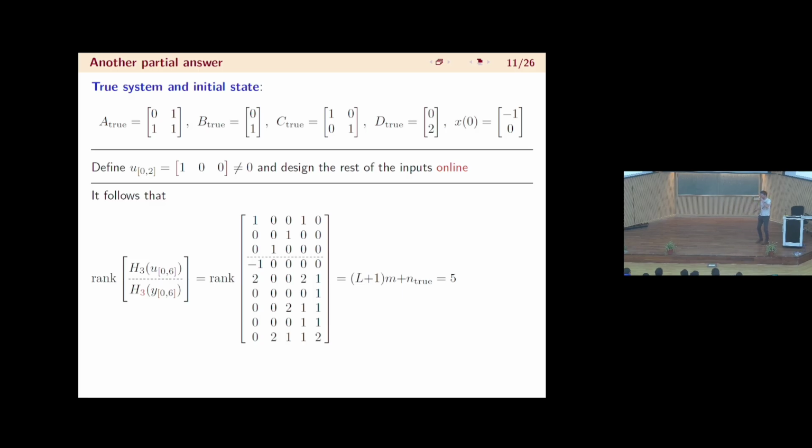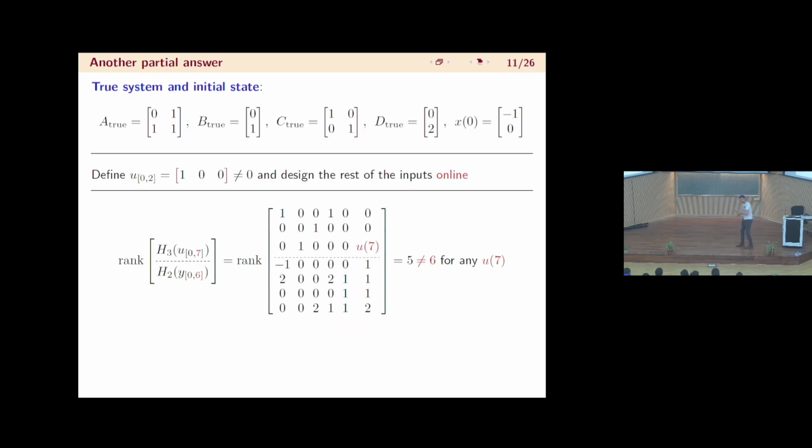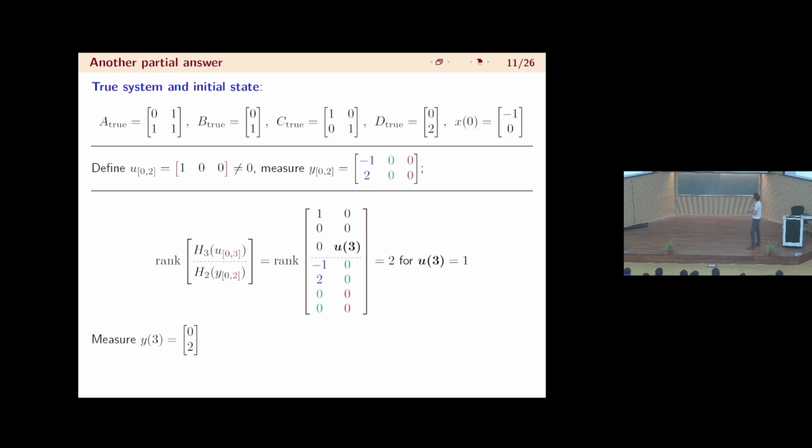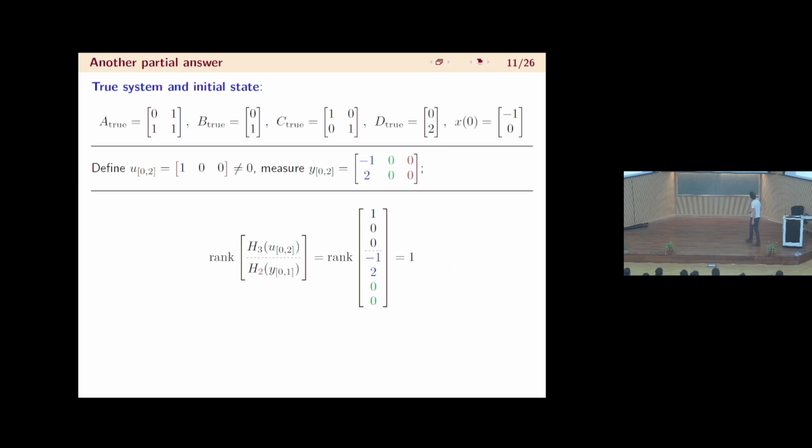I want to stress one aspect which I swept a little bit under the rug about this online experiment. If we look at this Hankel matrix, I have here 3 rows of the inputs and 2 rows of the outputs. Instead, before I was considering these Hankel matrices with the same number of block rows of the inputs and outputs.